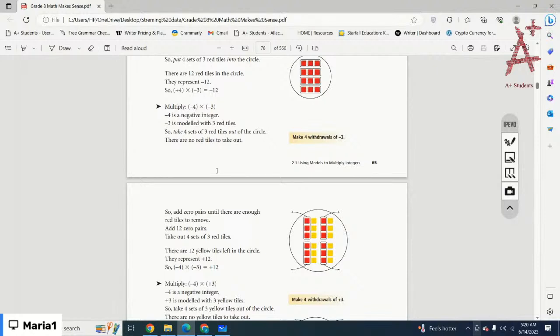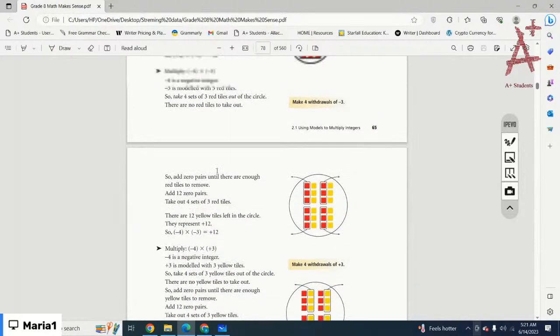So take 4 sets of 3 red tiles out of the circle. There are no red tiles to take out, so add 0 pairs until there are enough red tiles to remove. Add 12 zero pairs. Take out 4 sets of 3 red tiles. There are 12 yellow tiles in the circle. Got it?